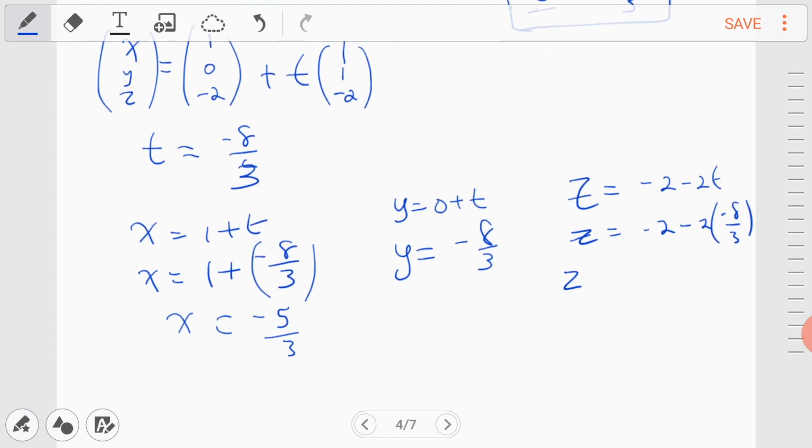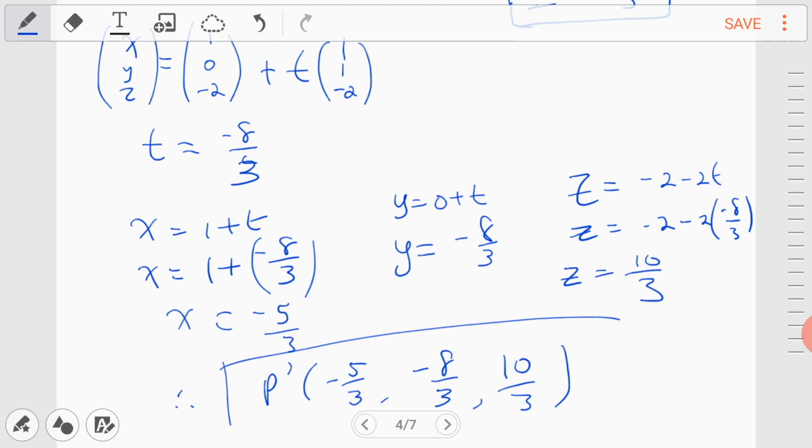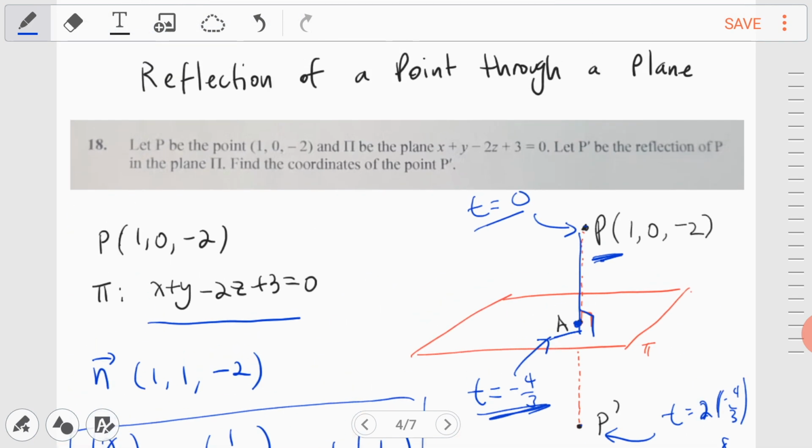Then we get z is equal to 10/3. Therefore the coordinates of point P' are (-5/3, -8/3, 10/3). And that's how you find the reflection of a point through a plane.